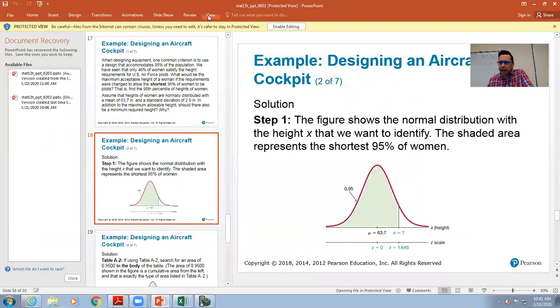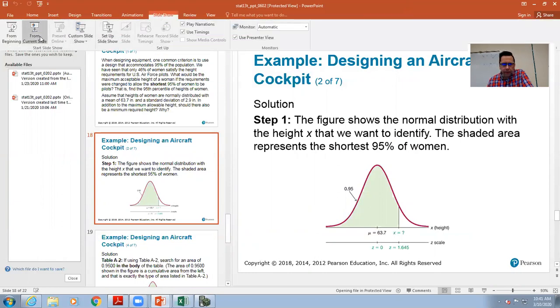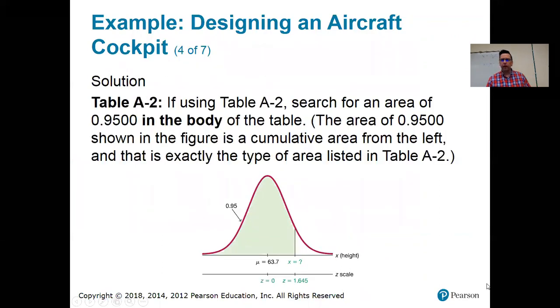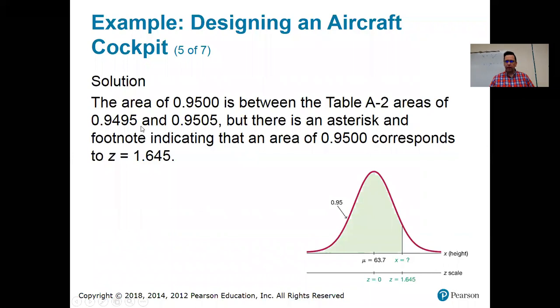That's how they got this thing that you may have noticed at the bottom of the picture. All right, so area of 0.9500, look for that area. And there's a footnote saying that that z-score is 1.645.